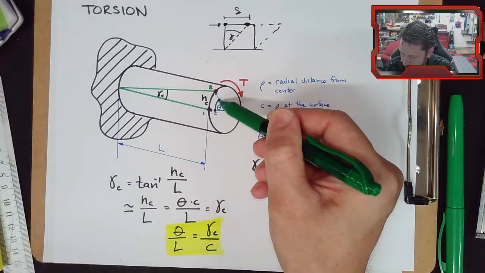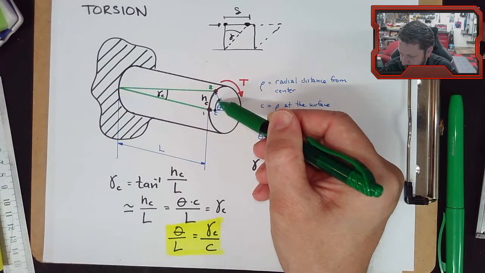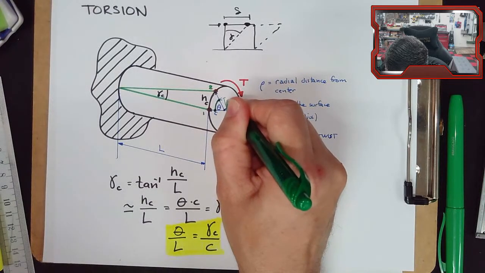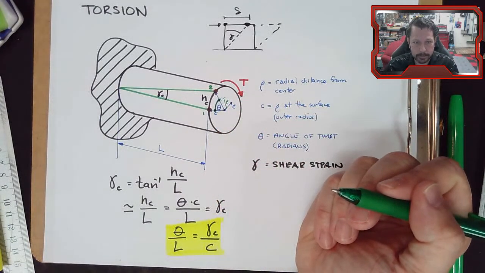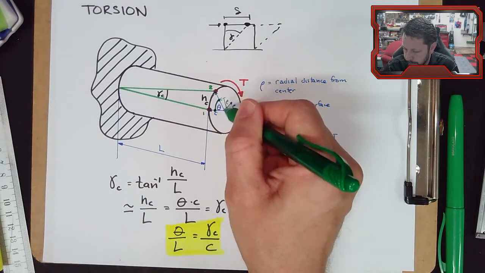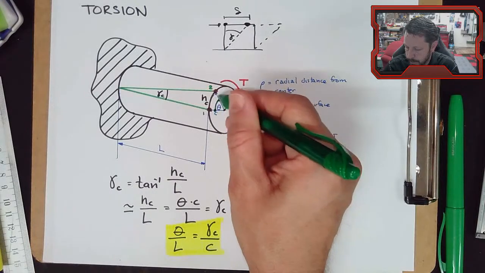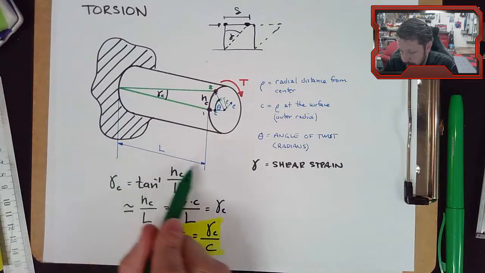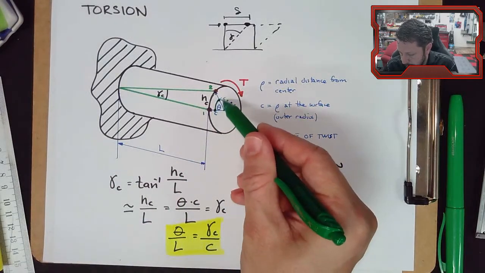Now the interesting thing here is that this little distance right here is rho. So I know we're getting really tiny there, but that's rho. And it could be anywhere. You know, rho can vary from 0 to C and anywhere in between. So that's rho. And L is still L. Theta is still theta.